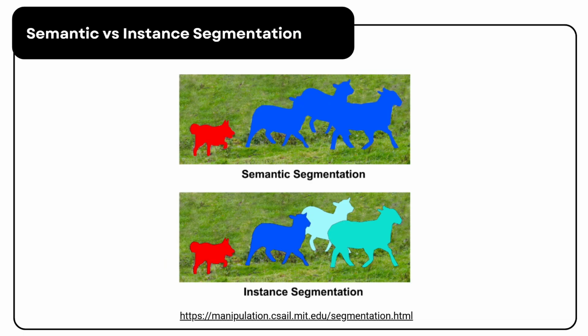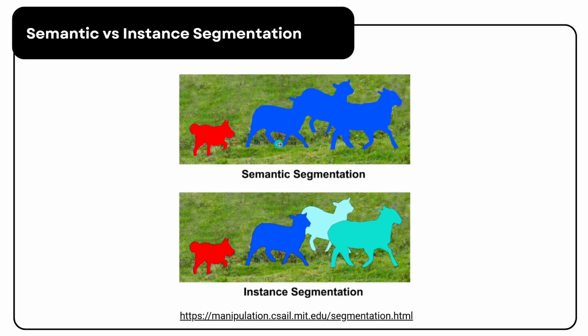Okay, so now that we understand the difference between classification and detection, let's go one step deeper into the world of segmentation. This slide highlights two major types of segmentation: semantic and instance segmentation. With semantic segmentation, we are classifying each pixel in the image.